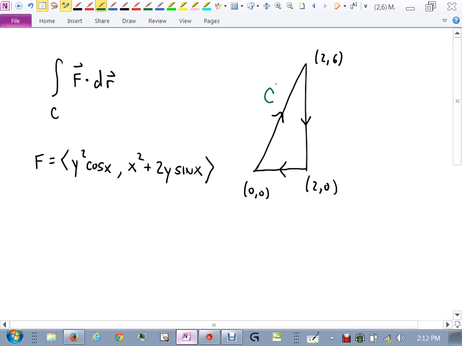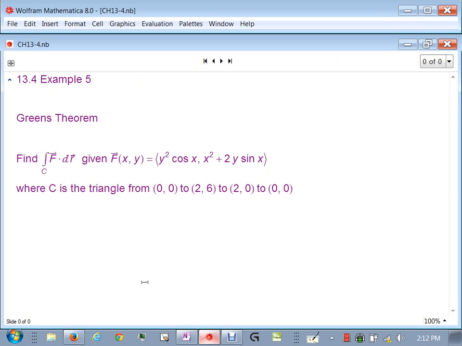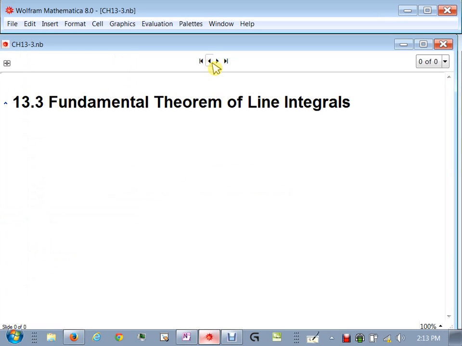Yeah, so you're seeing that that's clockwise, not counterclockwise. So we couldn't use Green's theorem directly because it has to go counterclockwise. So yes, we would reverse the direction, which would change the sign to a negative. But are you thinking Green's theorem? Are you thinking just do this like a regular line integral? What are you thinking here? Or potential function? Could you use the idea of a potential function here? What would work best?